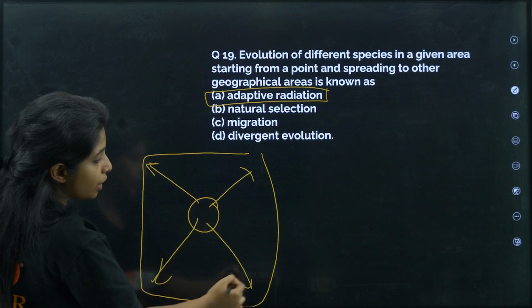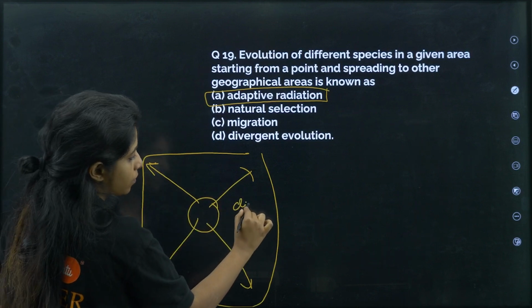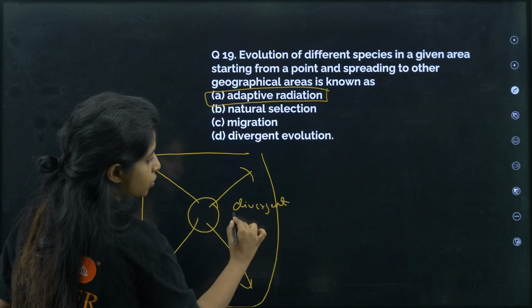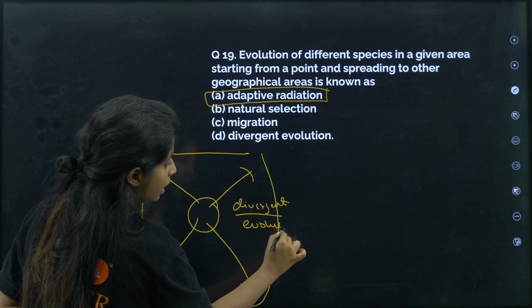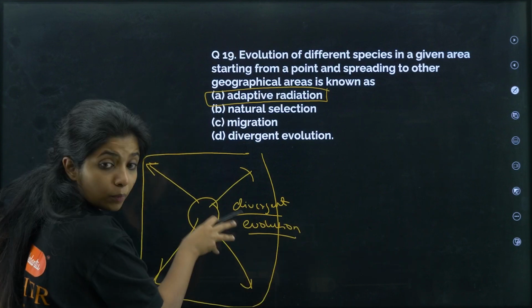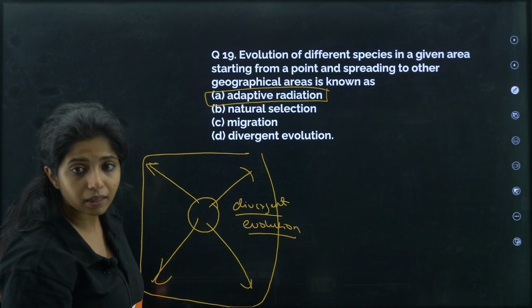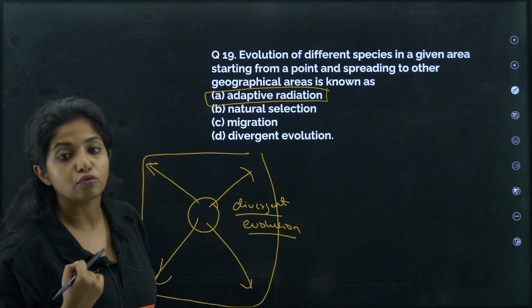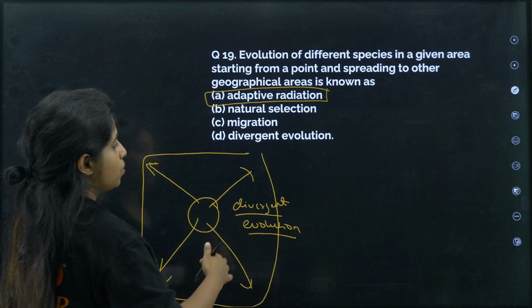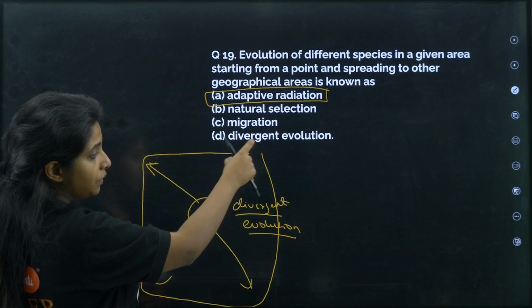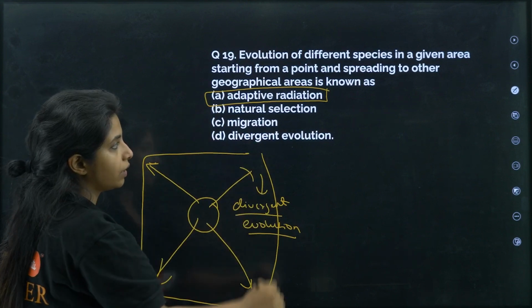Now, the evolution that they show is divergent evolution. Why are they showing divergent evolution? There is a common ancestor, and they are evolving because of the different habitats, so it is an example of divergent evolution. So this mechanism is adaptive radiation. Adaptive radiation would be leading to divergent evolution.